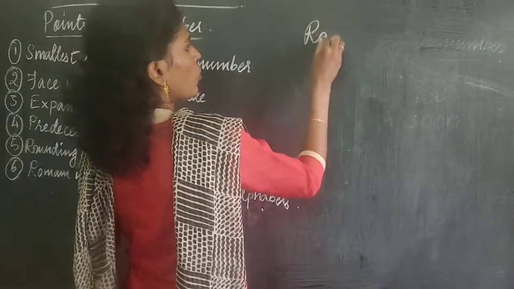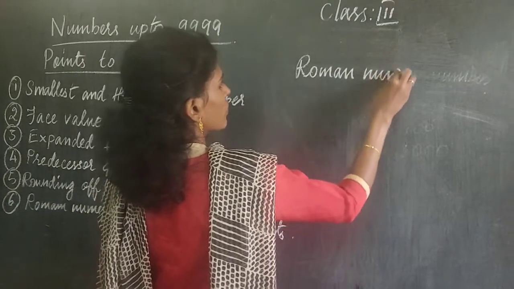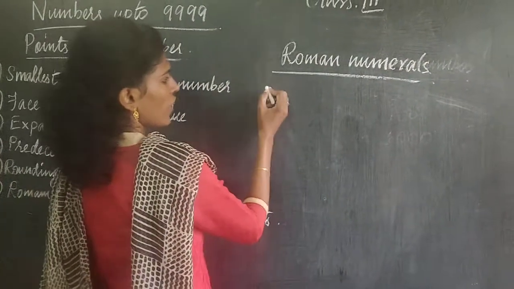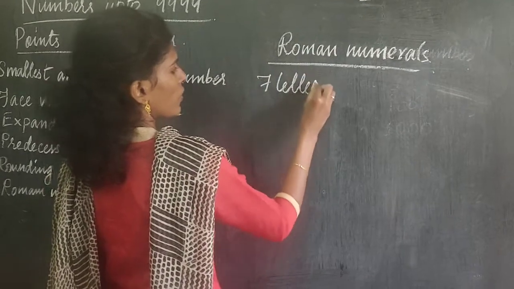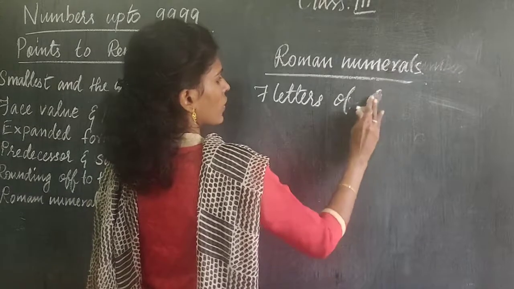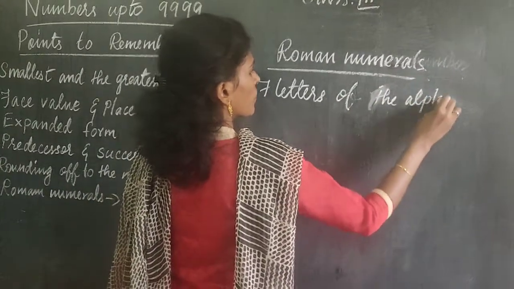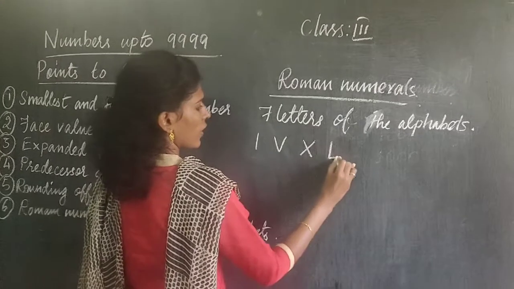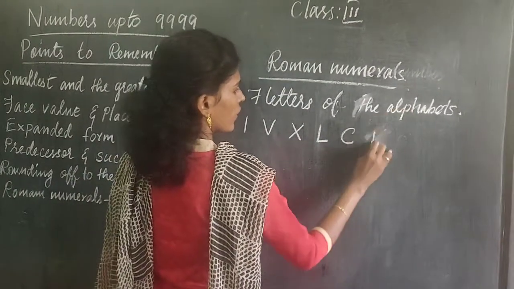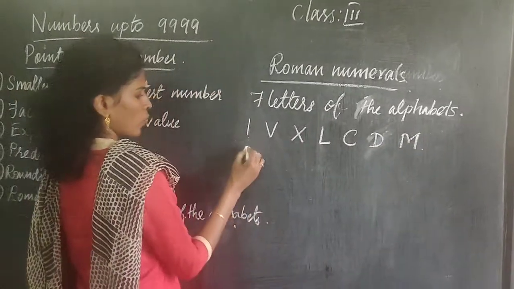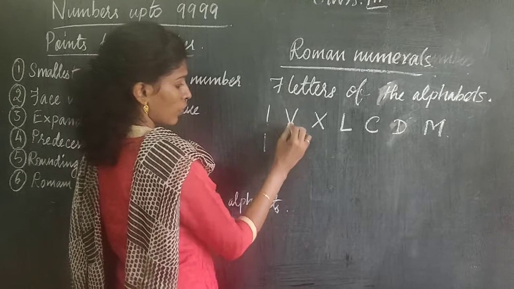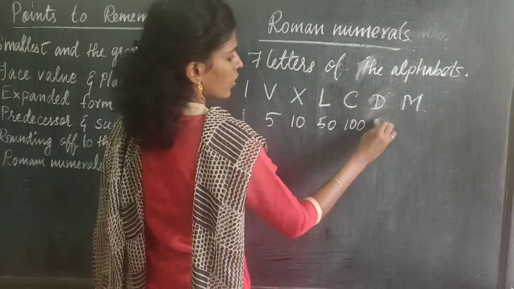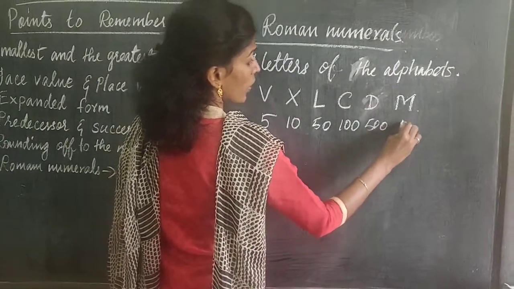Next we learn Roman numerals. Roman numerals use 7 letters of the English alphabet. So they are I, V, X, L, C, D, M. The value of I is 1, V is 5, X is 10, L is 50, C is 100, D is 500, and M is 1000.